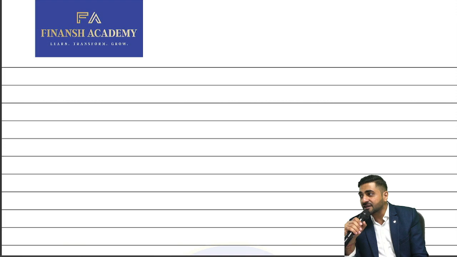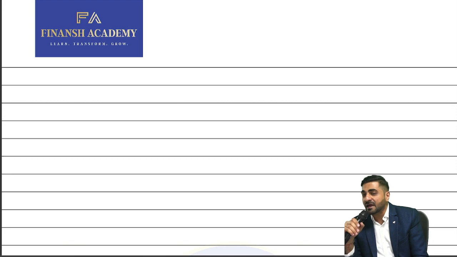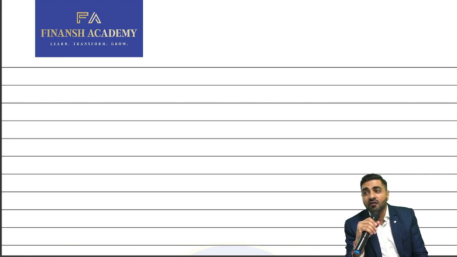Are we going to learn financial management for sole proprietorship, partnership, or companies? From the company's perspective, right? And who is the financial manager of a company? The CFO, Chief Financial Officer. And is the CFO involved in the decision-making process? Yes. So a CFO is involved in the decision-making process.